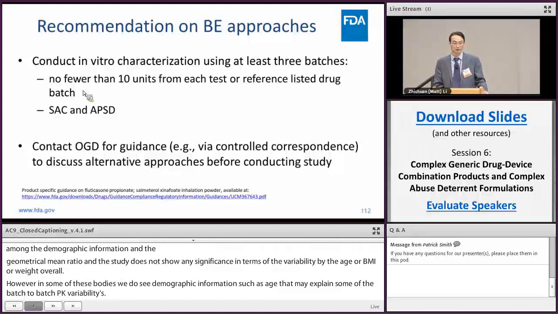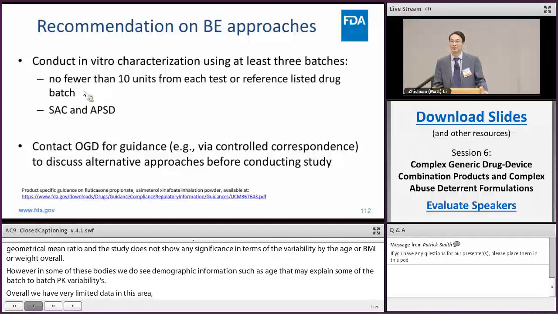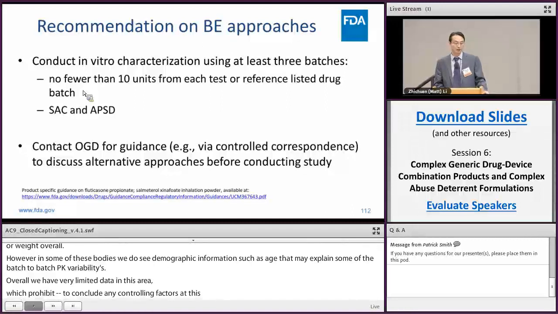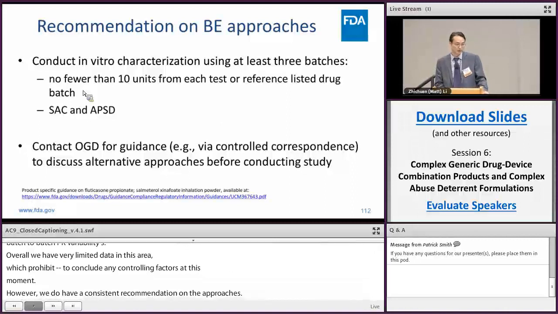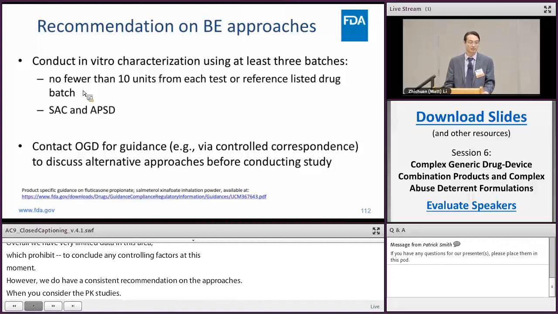However, we do have a consistent recommendation on the BE approaches when you consider the BE-PK studies. For example, in the current product-specific guidance, we recommend the firm conduct in vitro characterization using at least 3 batches, and no fewer than 10 units from each test or reference listed drug batch.